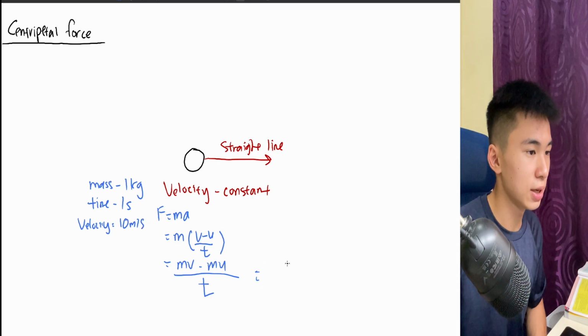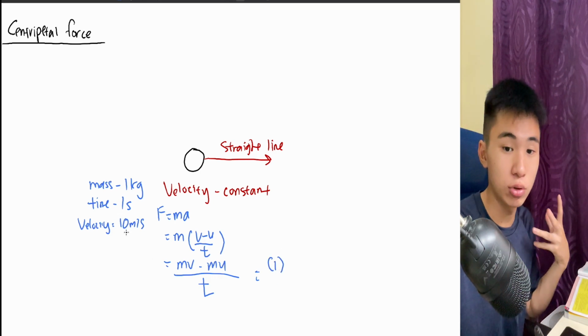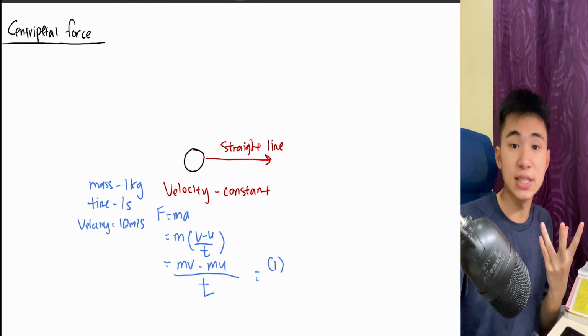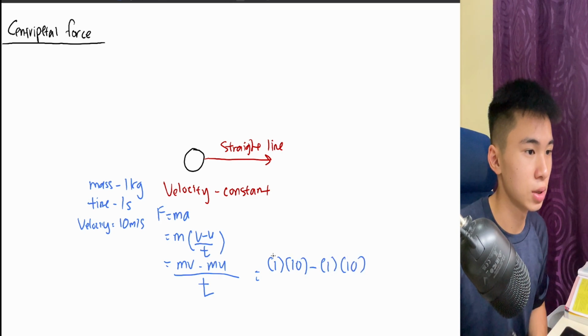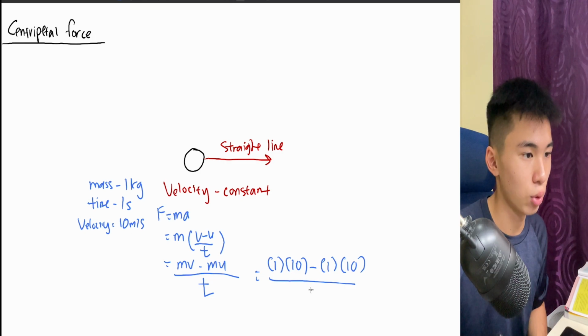So if we put it in, the mass is 1, and the final and initial velocity are the same, because the velocity is constant. So 1 times 10 minus 1 times 10, over t, which is 1.